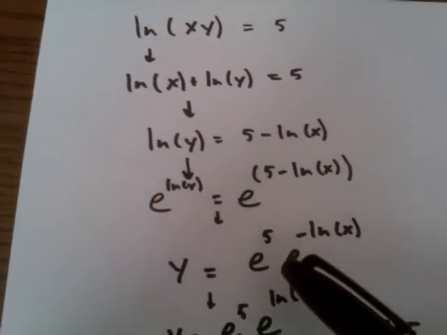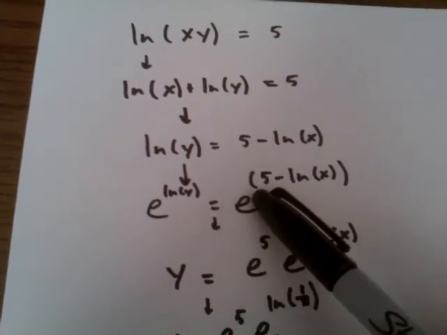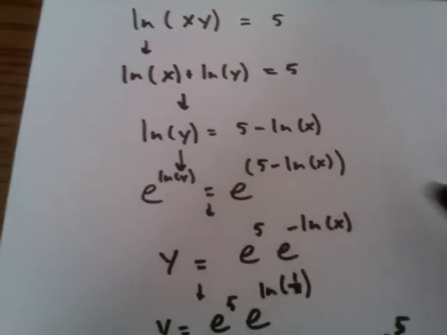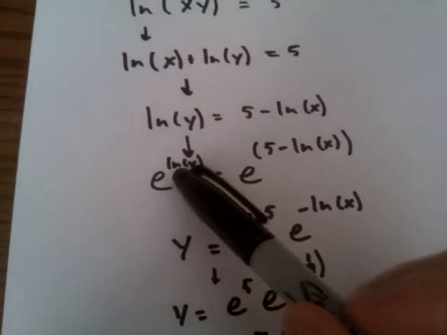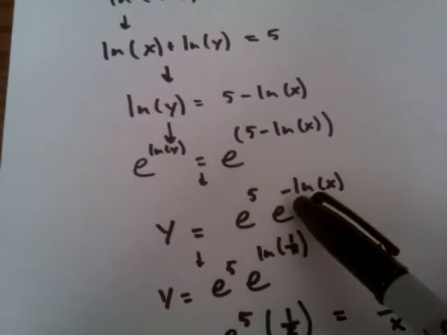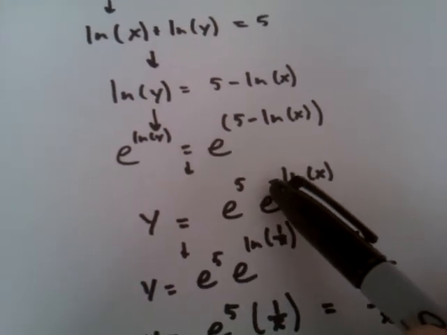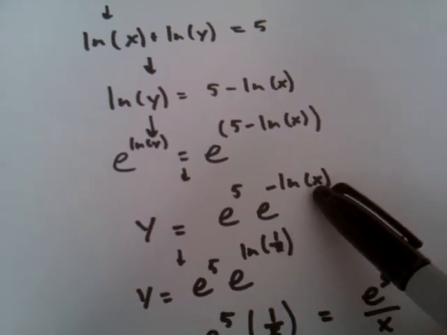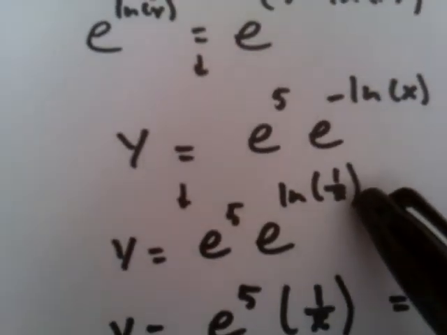because when you want to simplify this form, you break it into e to the 5th times e to the natural log x. So of course e to the natural log y is just y, and then we can use the power rule, or the exponent rule here, and bring this negative sign up here, so it's natural log of x to the negative 1, which is just natural log of 1 over x.